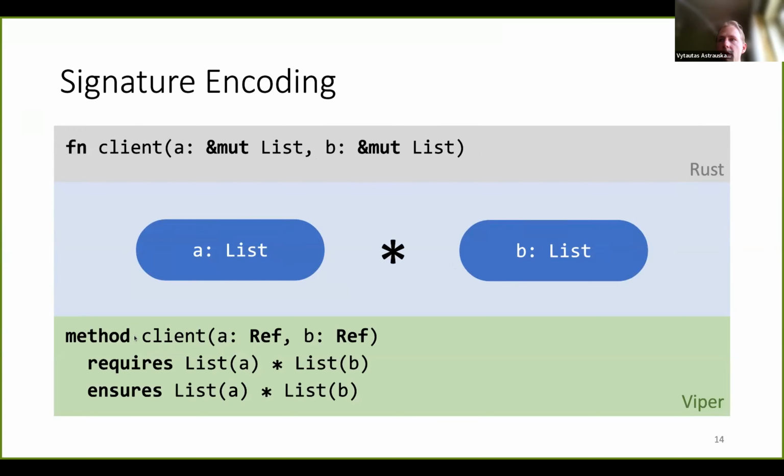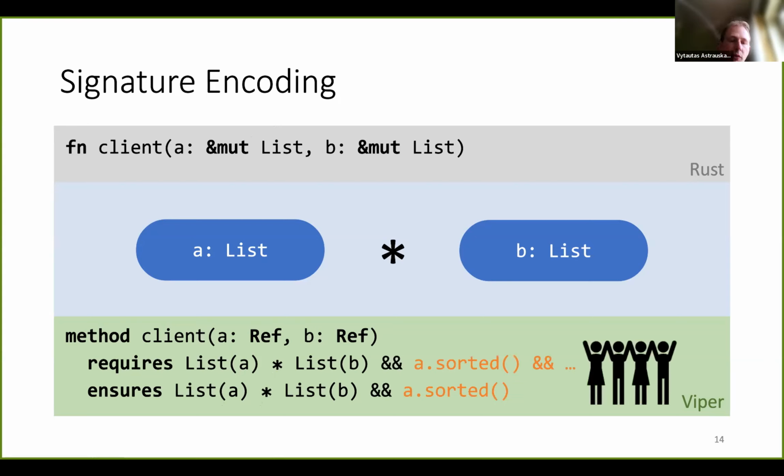In Viper, that looks as follows: we get two references and list A separating conjunction with list B. Since these are mutable references, borrowed only for the lifetime of the function, we also return this permission back in the postcondition. If the user wants to write an additional specification, it just gets conjoined to the permissions we already have.